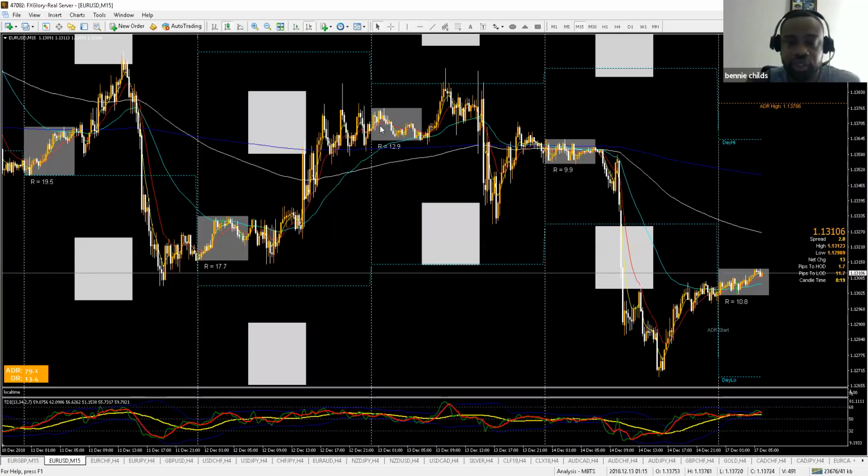So again, your phases are accumulation, stop hunt, which is the false move, and then the actual move, which is the second leg of the M or the second leg of the W. That's what happens on the intraday.